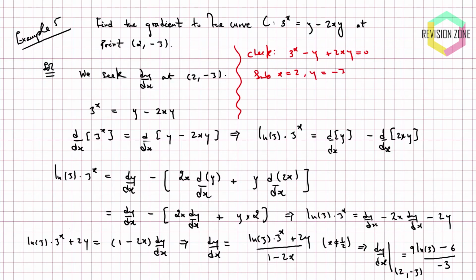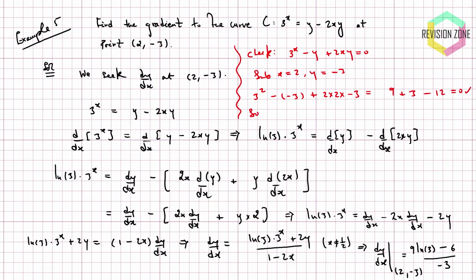So what do we get? We get 3 to the power 2 minus minus 3 plus 2 times minus 3. And what does that give us? Well, 3 squared is 9, minus minus 3 is plus 3, and 2 times 2 is 4, and then times that by negative 3 is actually negative 12. And indeed, that gives us 0.